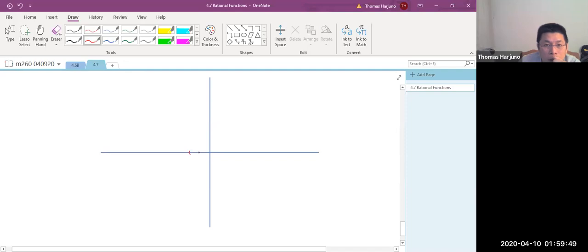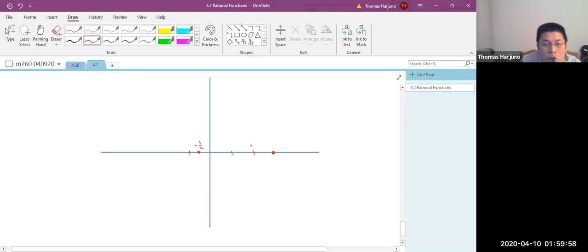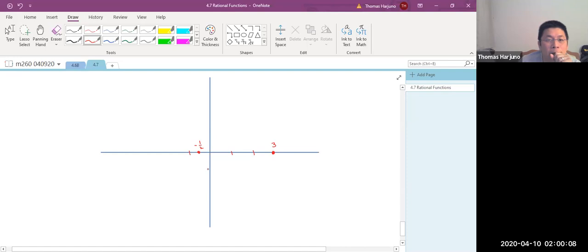Let's say this is -1/2 here, and then 3, 0. So -1/2, comma 0, and 3, 0. How about the y-intercept? 0, comma -3/2, so -1.5, right? So here it is. This is -3/2.